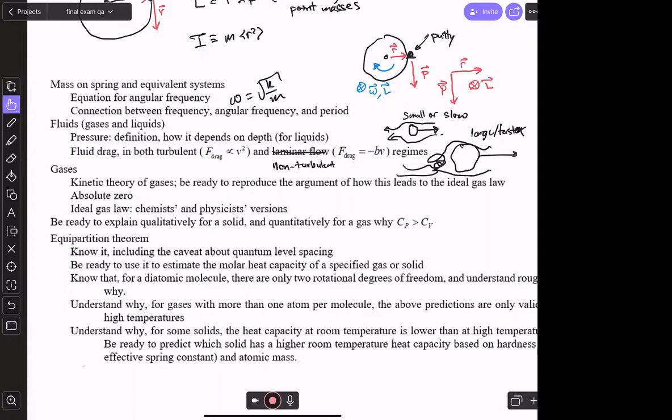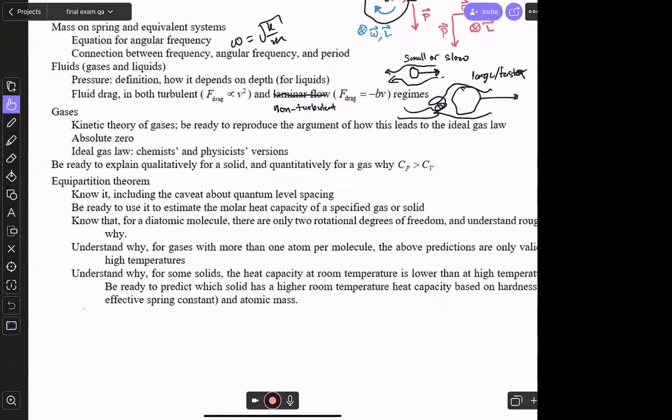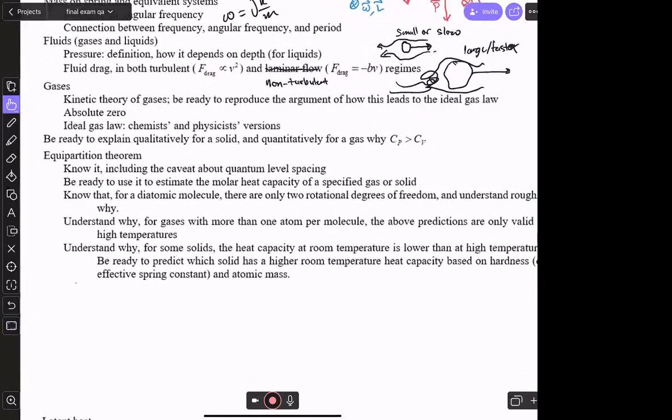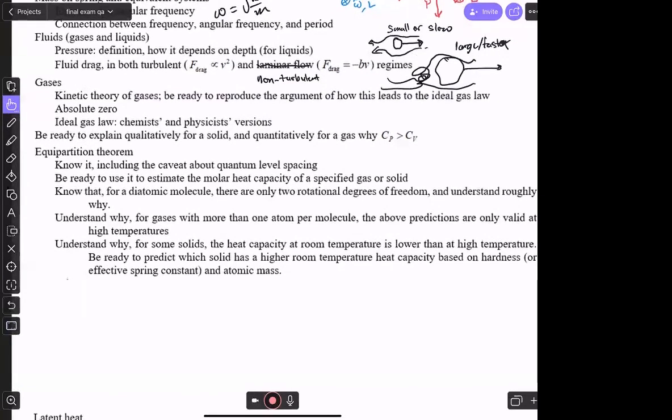Okay, equipartition theorem. Know it, including the caveat about quantum level spacing. Be ready to use it to estimate the molar heat capacity of a specified gas or solid. Know that for a diatomic molecule, there are only 2 rotational degrees of freedom, and understand roughly why.